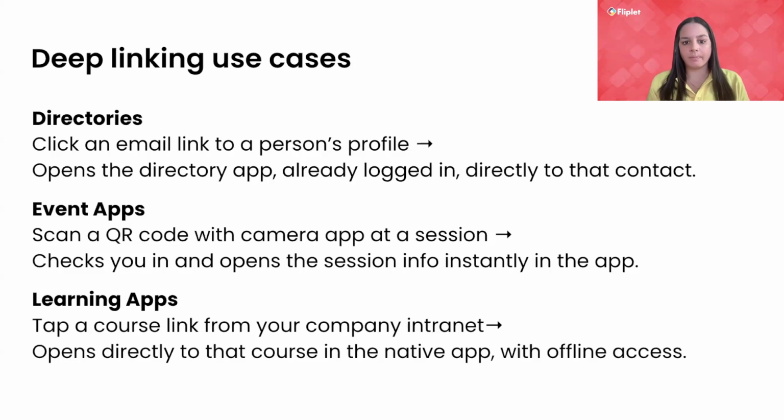I can interact with it, or maybe I'm on the train going home and I don't have access to an internet connection, but that content is saved offline because I'm in that app, and I can go ahead and interact with it then. So it's a really nice way to use a native app where I wouldn't have that functionality in the web browser. These are just some examples of how deep linking connects users straight to the right place, faster, more seamlessly, and within an experience that they already know and trust.